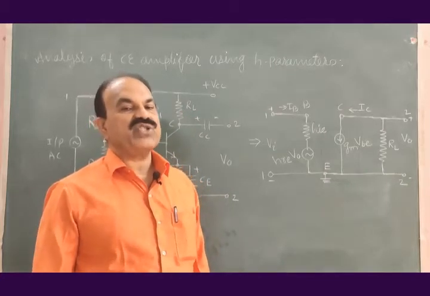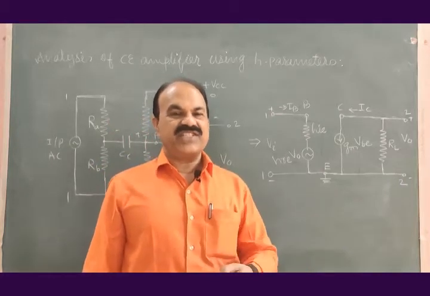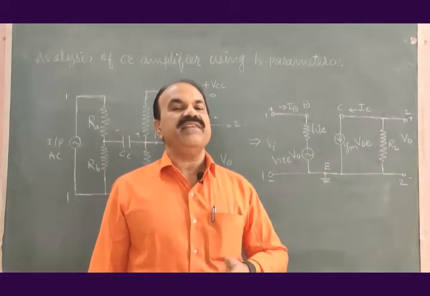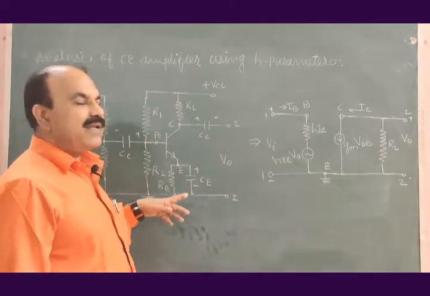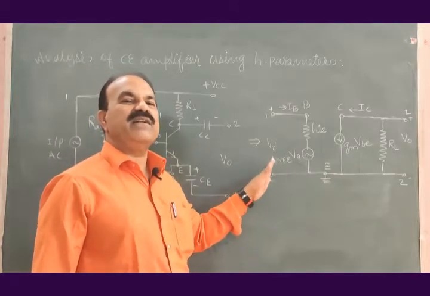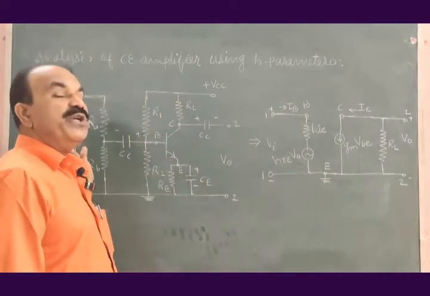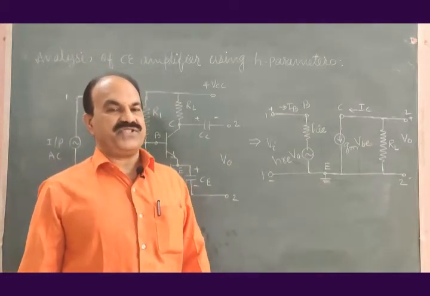This is because transistor is not a bilateral device. Transistor is a unilateral device. What is the meaning of bilateral? Meaning of bilateral, the current can flow from input to output. At the same time, the current can flow from output to input. This is not true for a transistor.